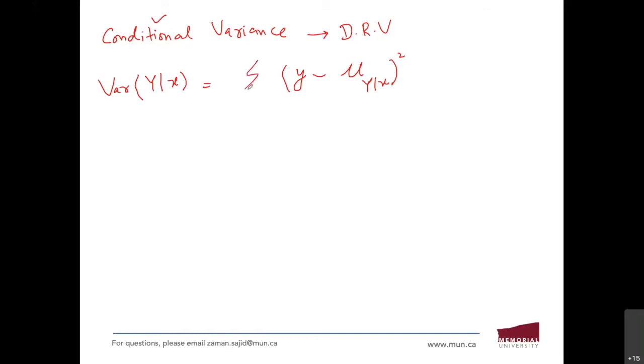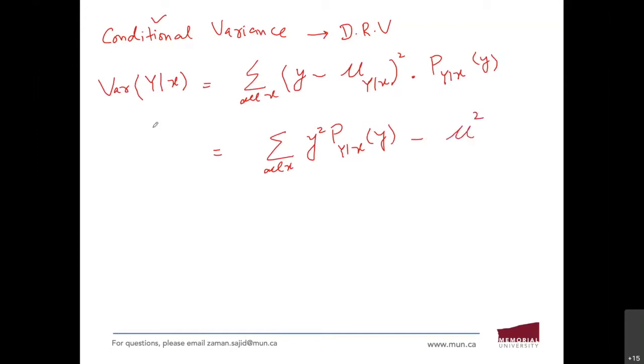We sum this up over all x, and then you multiply it with the probability. Or we can also find this conditional variance using the formula of y square multiplied by the probability of y given x, and I sum them up over all x, and we subtract the mu square value.